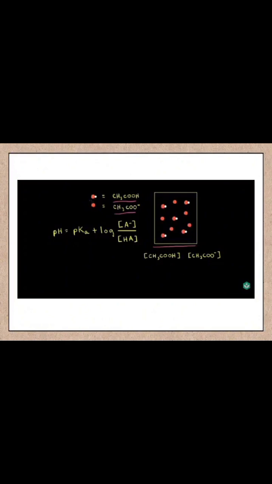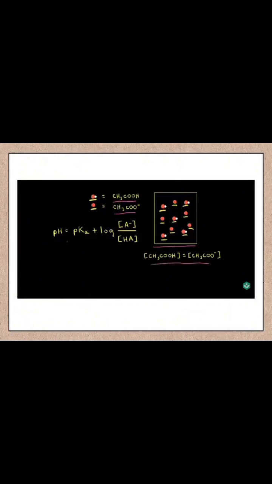Let's count the number of particles of acetic acid in our particulate diagram. So in our diagram, there are 5 particles of acetic acid, and for the acetate anion, there are also 5. Because there are 5 particles of both acetic acid and the acetate anion, the concentration of acetic acid is equal to the concentration of the acetate anion.